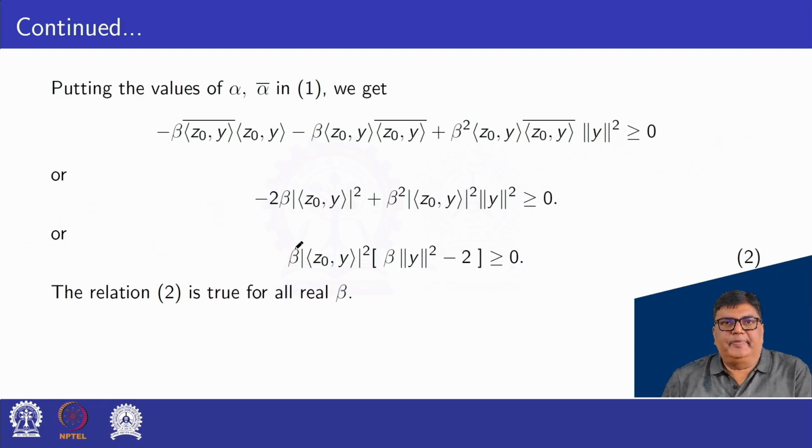Here, taking common beta into the square of the modulus of the inner product of z0, y, we have beta into norm y squared minus 2, and this is greater than or equal to 0. This is equation 2.